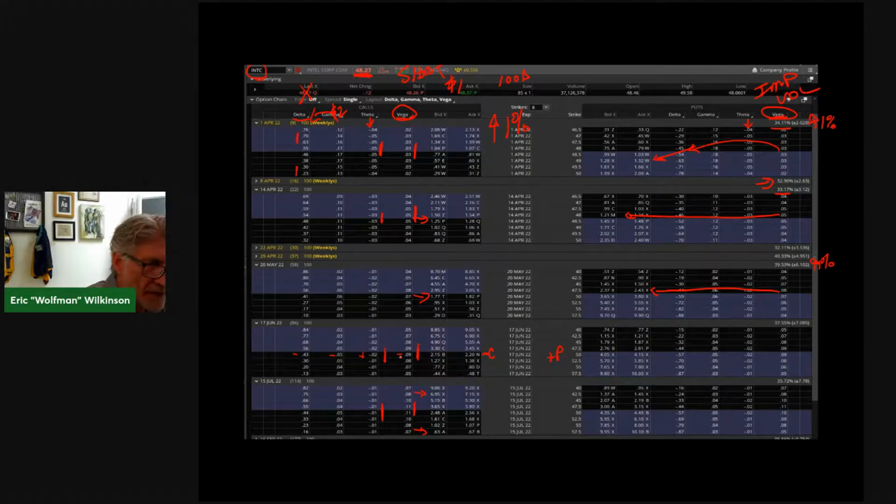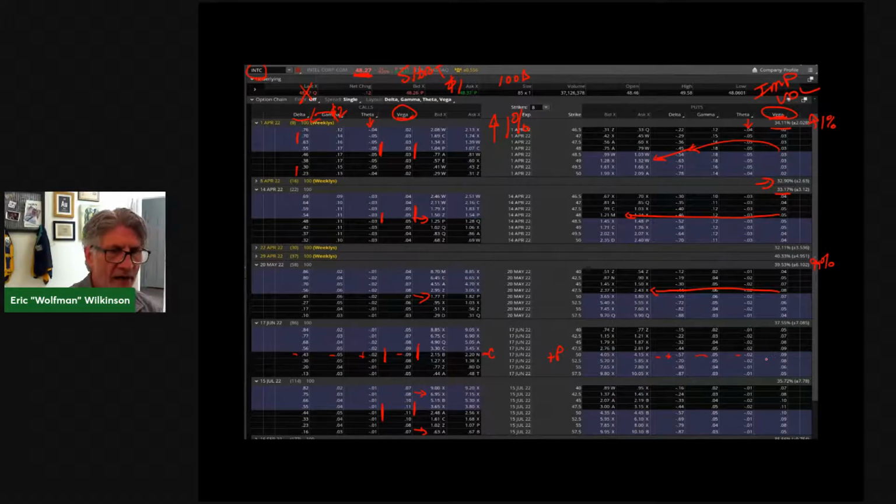Now, on the flip side, on the puts, I buy, which is positive, a negative delta. That's still negative. The gamma goes with the delta, and then I buy the theta. The theta is going to hurt me, so that's a negative to me.